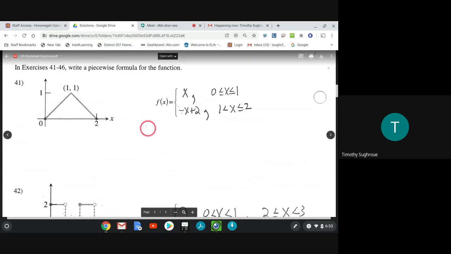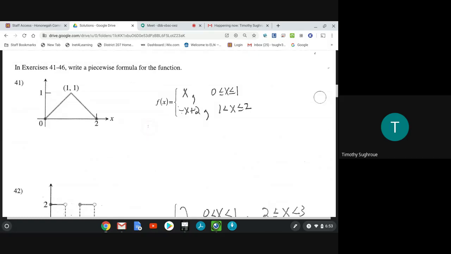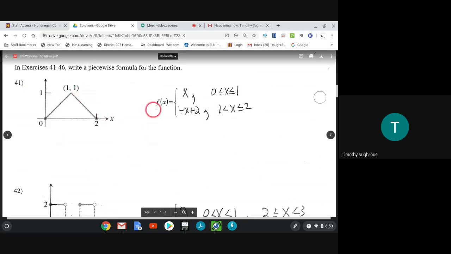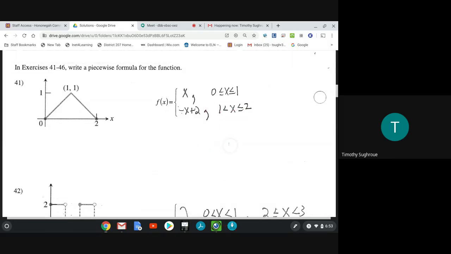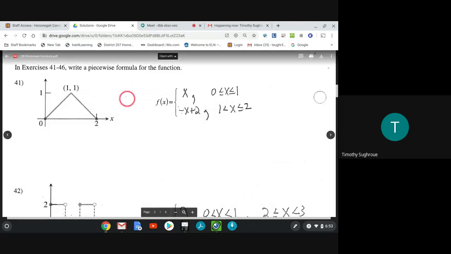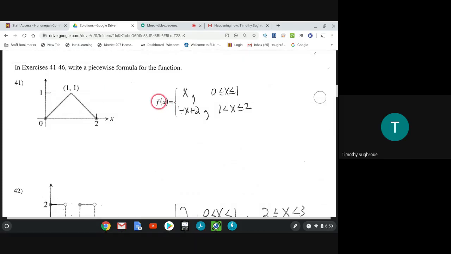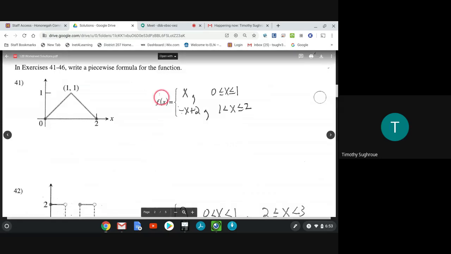Now, on problems 41 through 46, we're actually taking the picture and writing the piecewise functions. A couple things I'm going to try to stress early on, but I won't on every problem that I'm going to discuss. And that is the fact you have to write these using correct notation. It's always f of x equals or g of x equals, whatever you want to call the function.